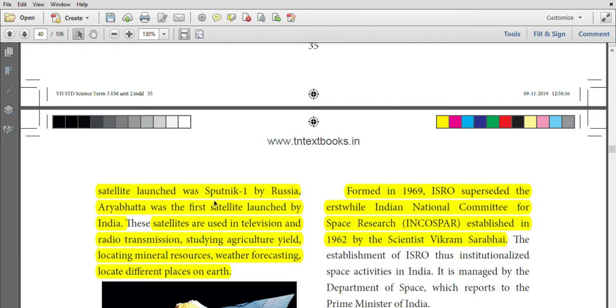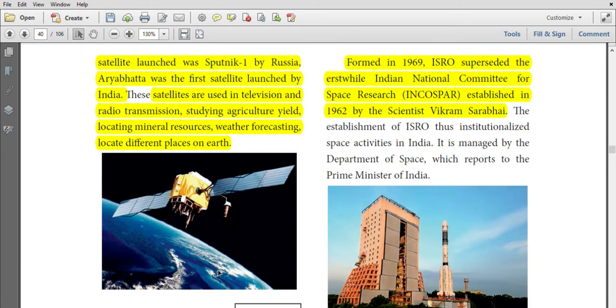The first satellite launched by India is Aryabhatta. Satellites are used in television and radio transmission, studying agriculture yield, locating mineral resources, weather forecasting, and locating different places on Earth.